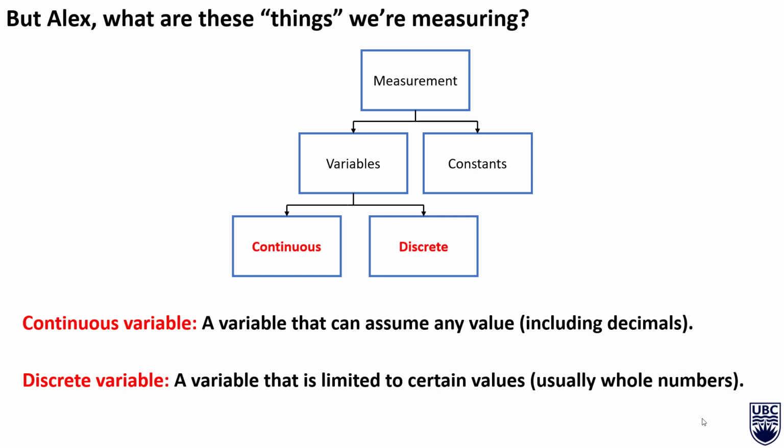You show that scale to somebody who's exercising, and then they give you a number between 6 and 20. They can't give you a number lower, so let's say 4, because that's not part of the scale. They can't give you a number that's higher, so 22, because again, that's not in the scale. So the value that we get from the person who gives us the number is discrete.